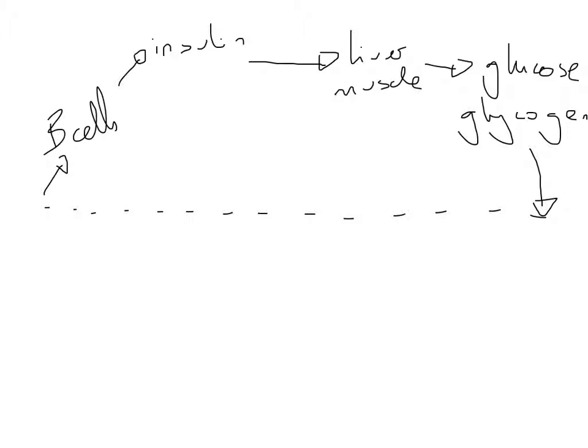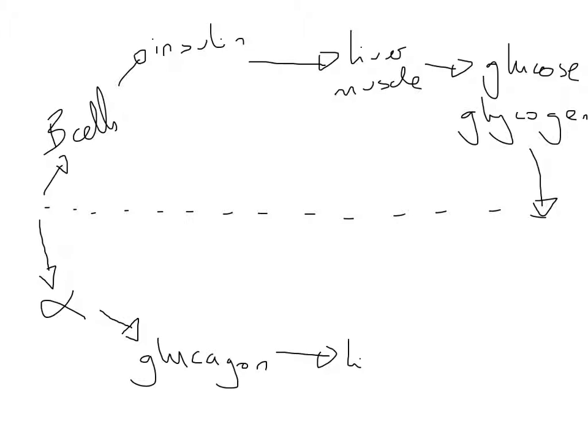However, if you have a decrease in blood glucose levels, alpha cells in the pancreas release a different hormone called glucagon. Still a hormone, so it's released directly into the blood, and it affects liver cells again.